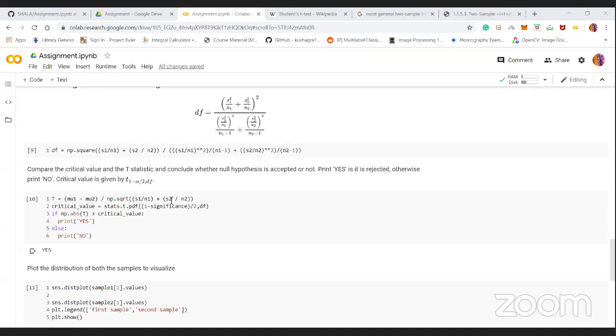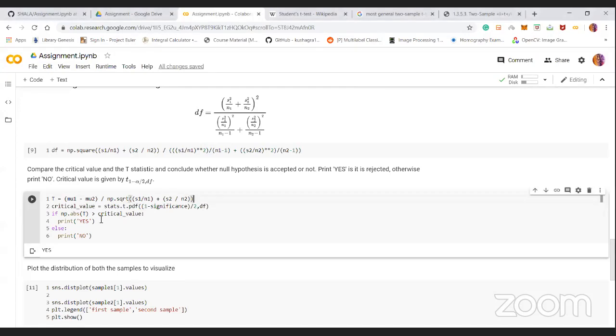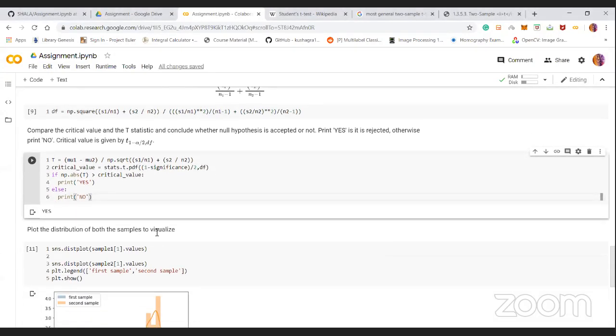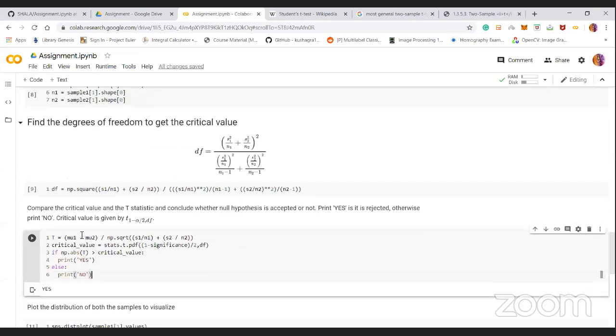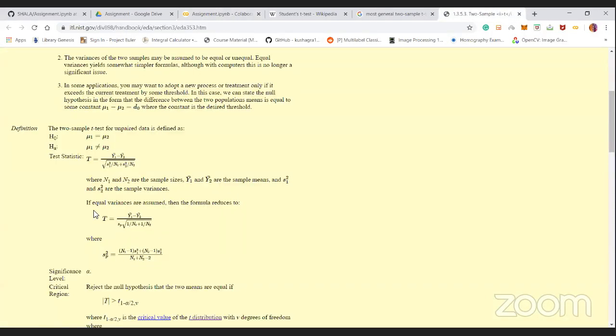Based on the sample mean and the sample variance of the two samples that we have, we find a test statistic, which is given by this formula in the case of two distributions. We find this test statistic, and then we compare it with something called the critical value.